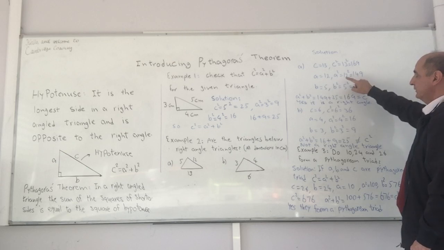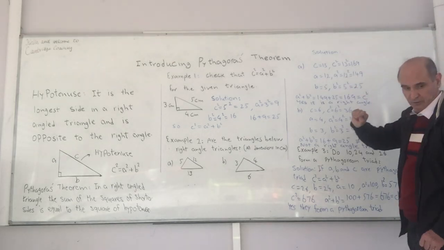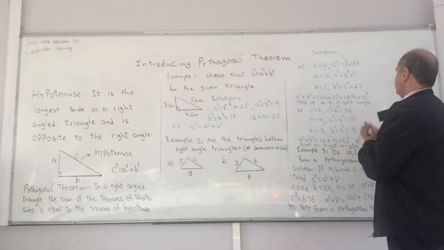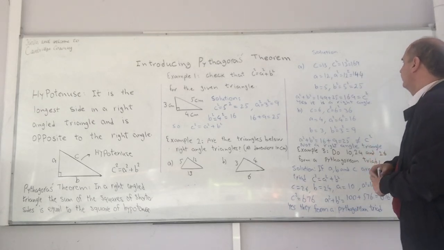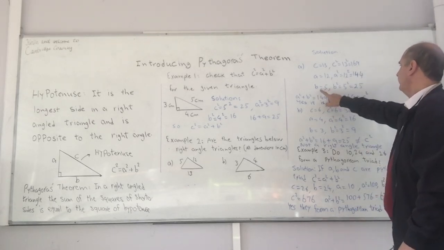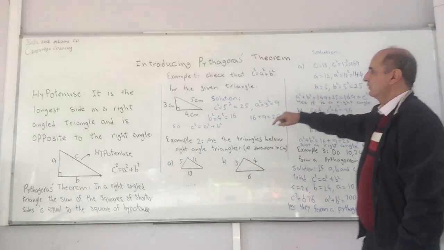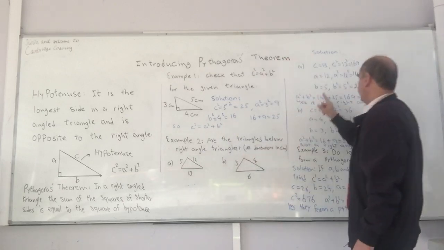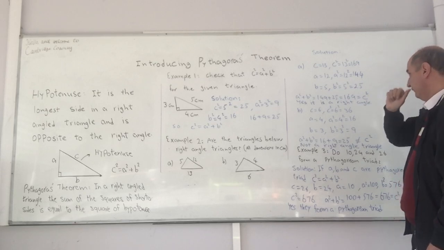If you type in 12 squared on your calculator, you get 144. Okay, then b is equal to 5. So b squared is going to be 5 squared, and 5 squared is 25.